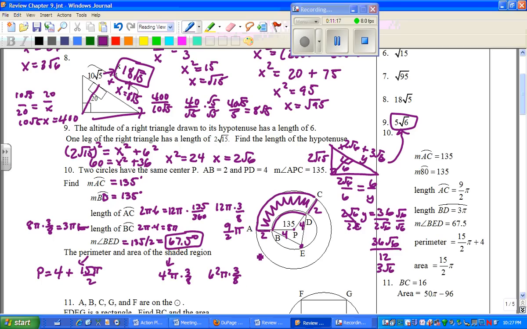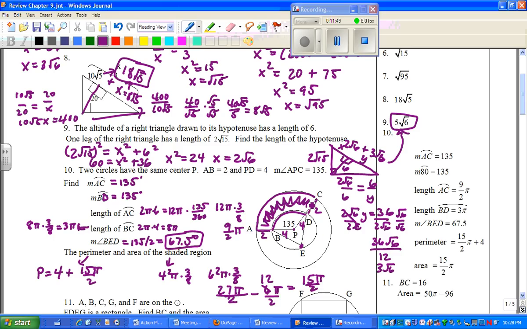So when we do this, we get 36 times 3 divided by 8, which is going to give you 27 pi over 2. And we're subtracting 16 times 3 divided by 8, which is equal to 6 pi. And that needs to be over 2, so that means this becomes 12. And then when we subtract those two, we get 15 pi over 2.